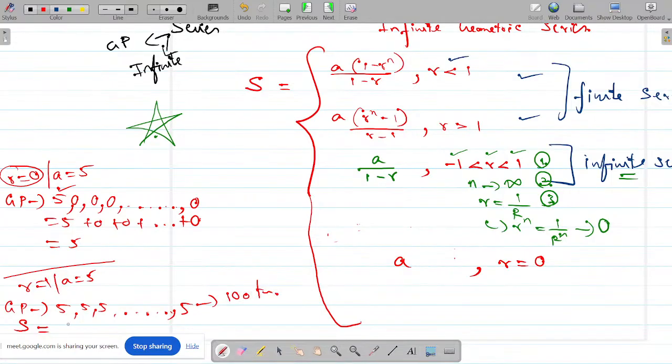Series means you have to add all: 5 plus 5 plus 5 plus 5. How many times? 100 times. 100 into 5, 500 will be the answer, which is n into a. Am I right? So when r is equal to 1, your S will be n a. So you can find any number of formulas. Yes, please make a note of it.